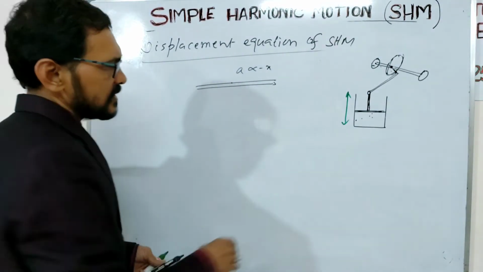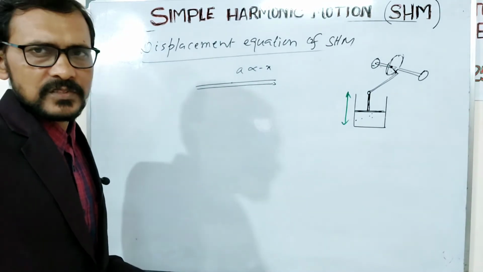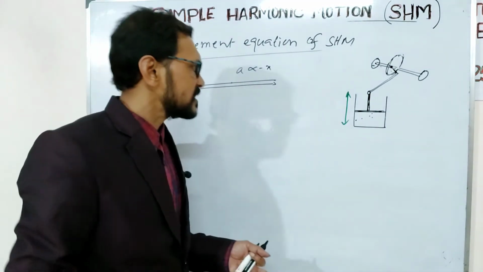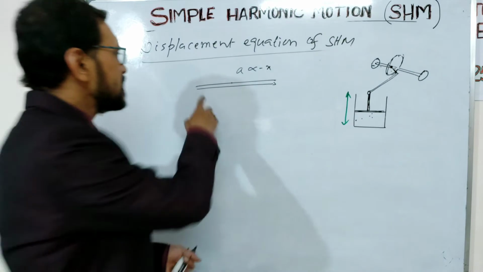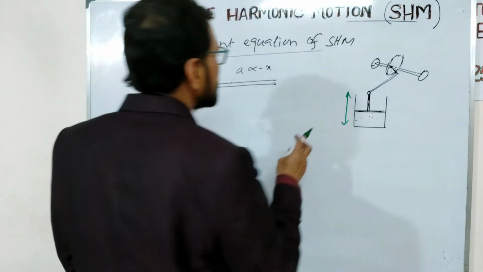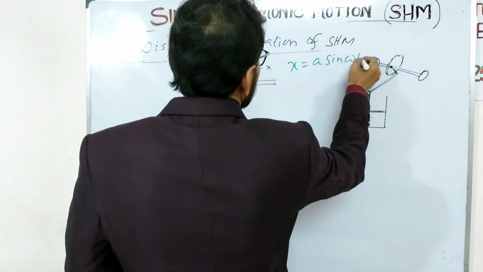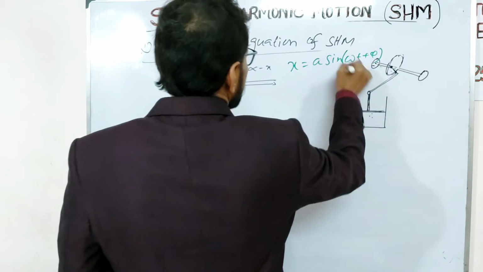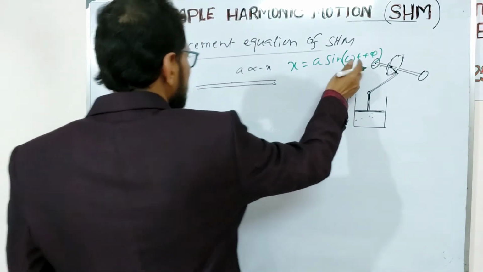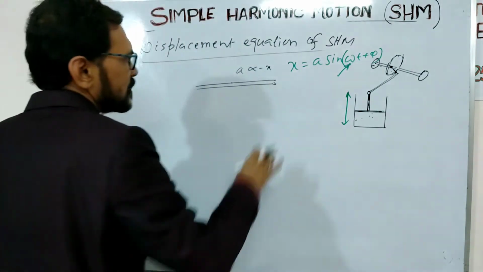In industry, in mechanics, every linear SHM can be converted to angular motion. So when we express x equals a sin (omega t plus phi), omega is always related to angular motion, but x is related to linear motion.